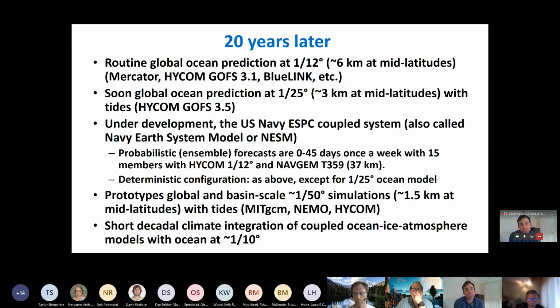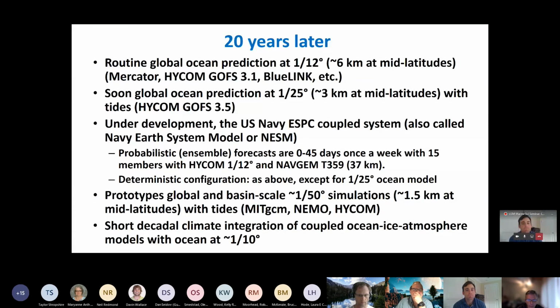In the meantime, the resolution has also increased in the configurations, global and basin, and we have a few examples going all the way to 1/50th degree, but those are extremely expensive, so they've been run only for a few years globally with the MITgcm, and then you have a regional Atlantic configuration run with the French NEMO model and with HYCOM.